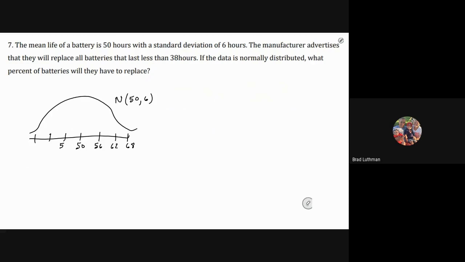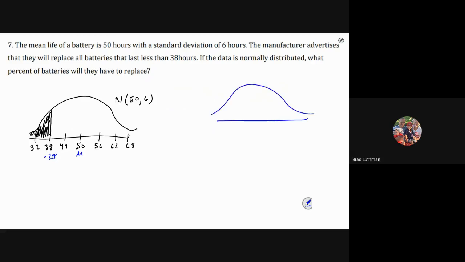The manufacturer advertises over price to all batteries that last less than 38 hours. There's mean, there's -2 standard deviations.